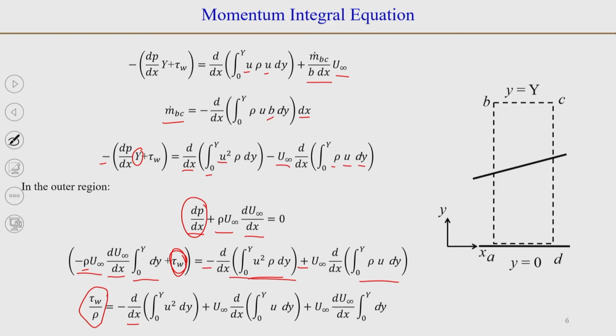This rho will cancel out, so you will have integral 0 to y u squared dy, plus the second term will be u infinity d by dx integral 0 to y u dy; rho will cancel out because we have divided the equation throughout by rho. Then this term will come on the right hand side, so rho will be divided, and it will become plus u infinity d by dx of u infinity integral 0 to y dy.